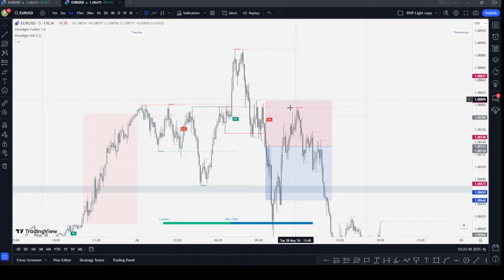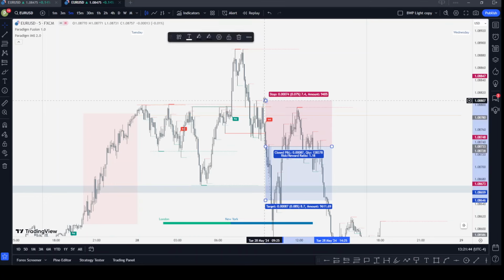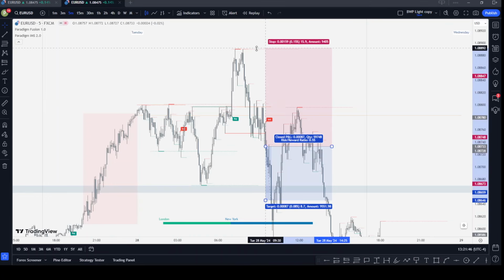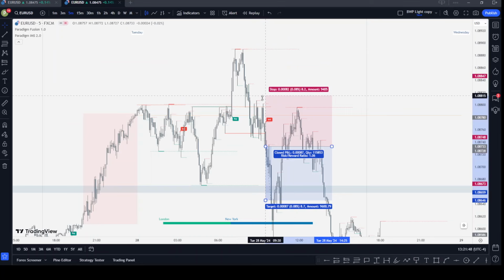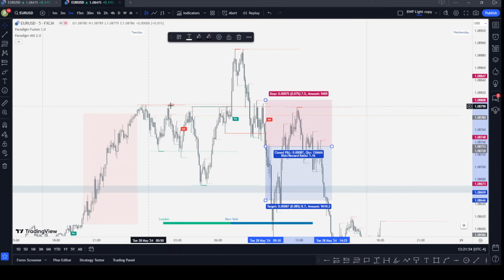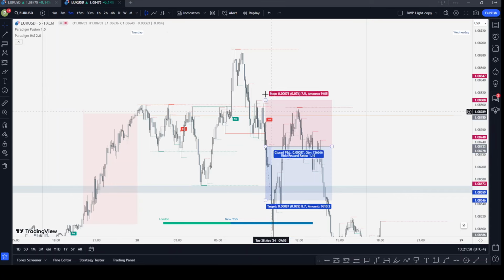Whichever one you use, you would still not have been stopped out. So let me use this intermediate time high simply because it is above this liquidity that I was taking. Personally, if I was trading manually, that is what I would have used.